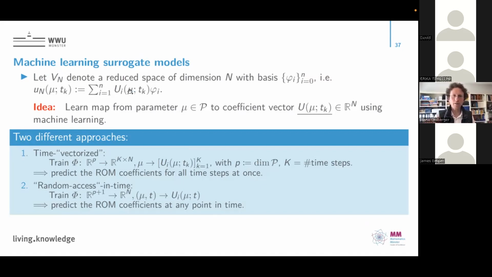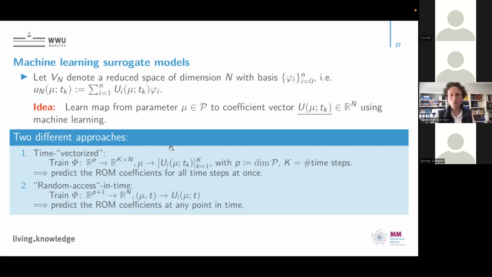If you do this with classical reduced order models, this leads to a time stepping scheme to compute these coefficients. And this is where we now want to employ machine learning in order to directly compute these coefficients by a machine learning model instead of Galerkin projection, and thereby avoid the time stepping procedure.